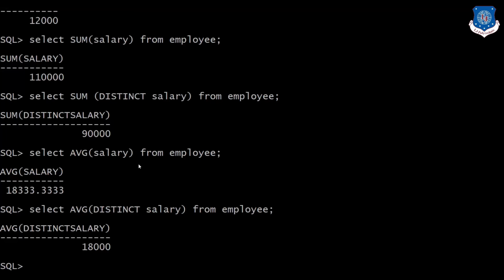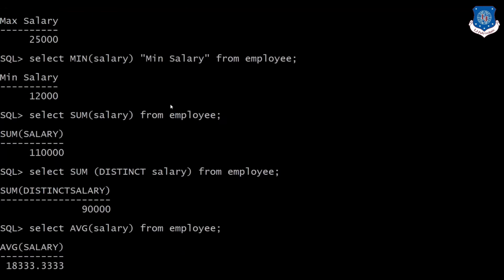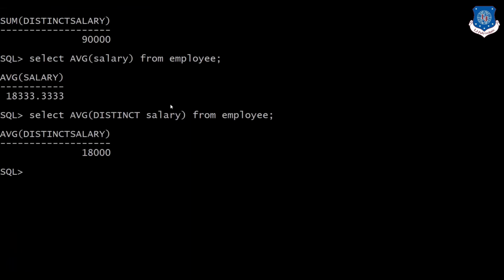Now if we want to count, let's say here we are having 6 records, so we can manually count the numbers, but in case of larger volume we will not be able to manually count the number of records. In that case, if we want to find out the total number of records, how can we find that number?